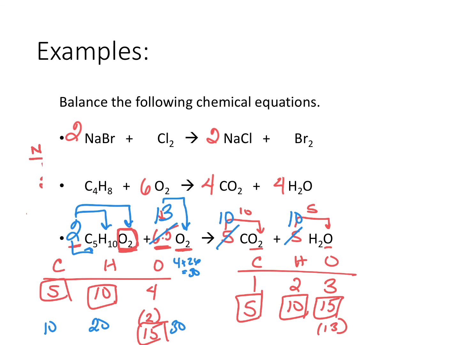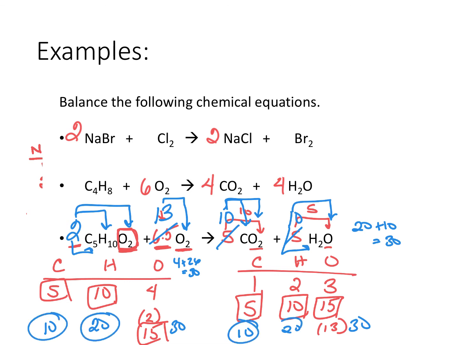If I look at the product side, I have 10 times 1 carbon, which is 10. I have 10 times 2 oxygens, which is 20, plus 10 times 1, which is 10, so a total of 30 oxygen. And what am I missing? Hydrogen, so 10 times 2 is 20 hydrogen. So 10 carbons, 20 hydrogens, 30 oxygens.